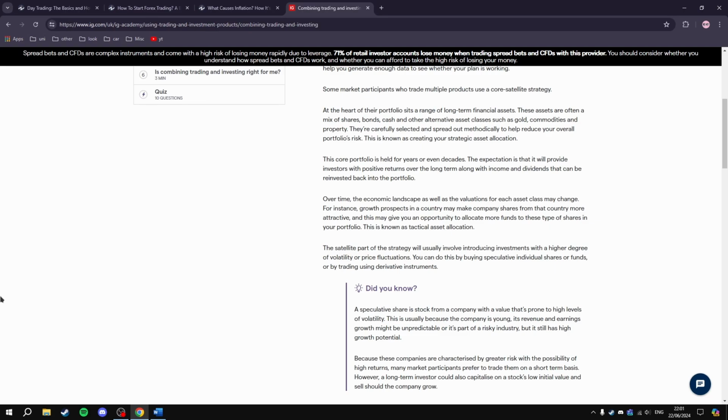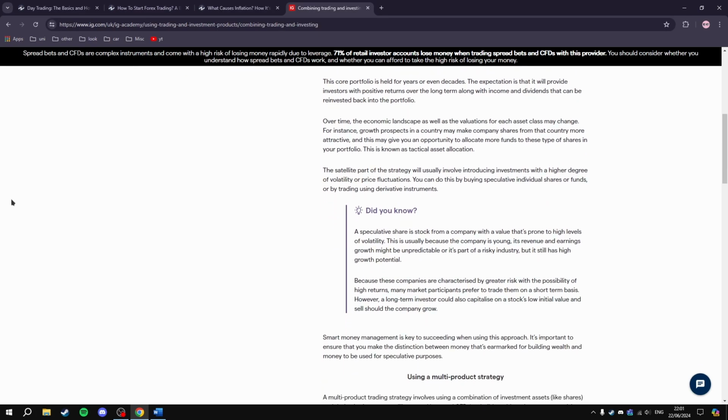They're carefully selected and spread out methodically to help reduce your overall portfolio's risk, and this is known as creating your strategic asset allocation. This core is held for years or even decades, a really long time. The expectation is that it will provide investors with positive returns over the long term, along with income and dividends that can be reinvested back into the portfolio.